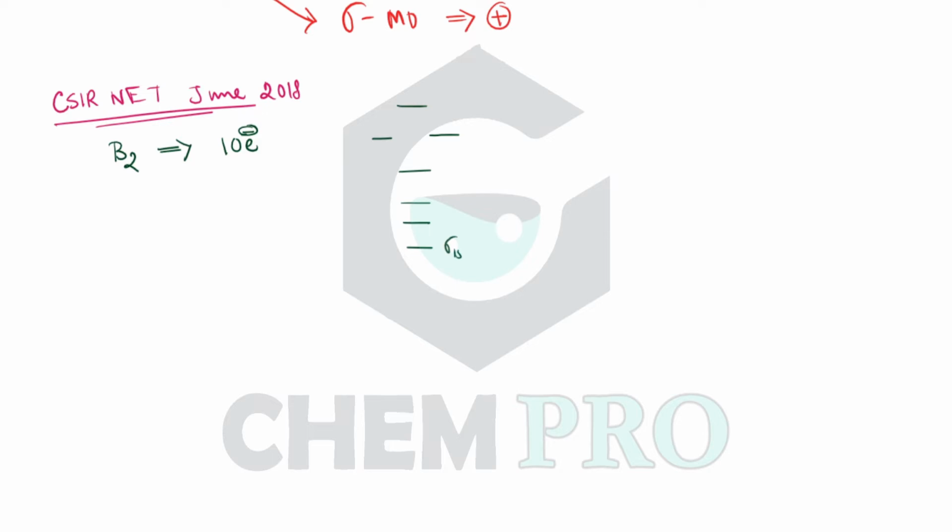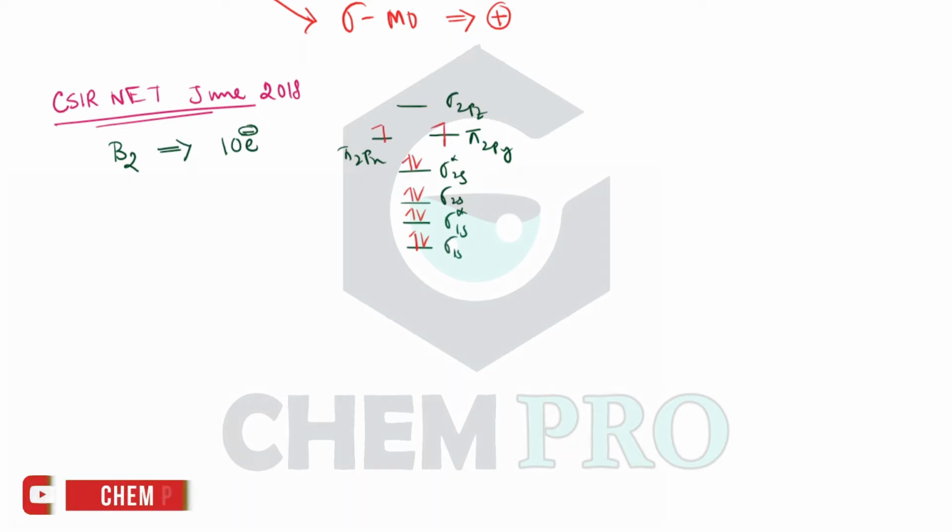This is sigma 1s, this is sigma star 1s, this is sigma 2s, and this is sigma star 2s, and this is pi 2py, this is pi 2px, and this will be sigma 2pz. Okay, now fill the electrons. There are 10 electrons, 1 2 3 4 5 6 7 8 9 and 10.